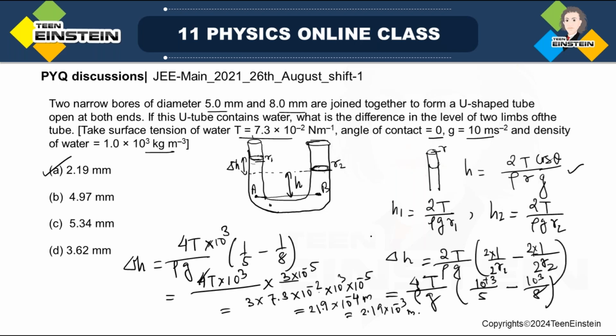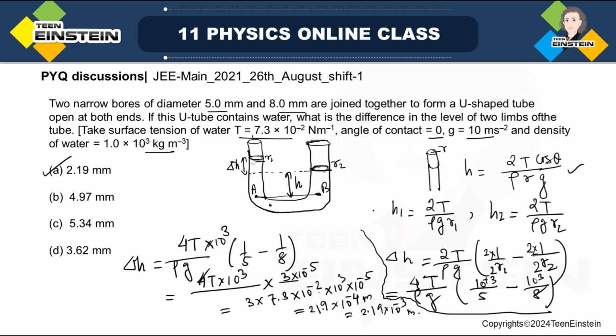Okay, so I think this became a little bit messy here, but anyway, you can understand the way I have done. Now, this I have done just from the formula. If you remember, that is very good. If you don't remember also, you can derive it, but that will take a little longer time.